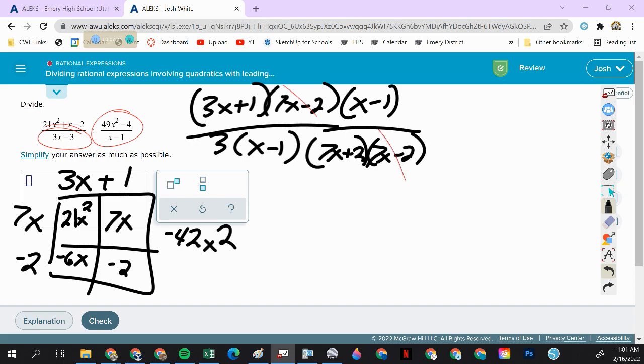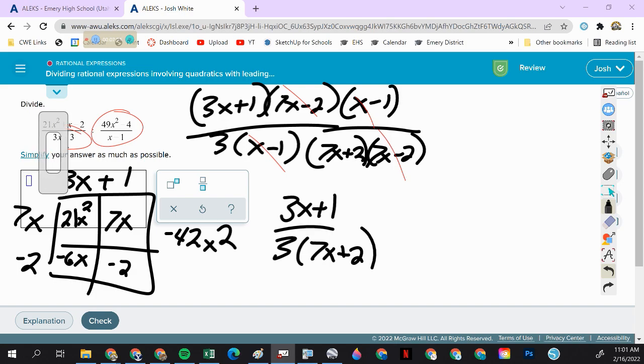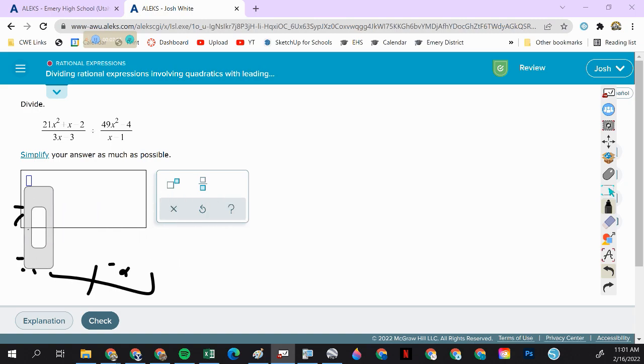And we cancel the 7x minus 2's, the x minus 1's, which leaves me with 3x plus 1 over 3 times 7x plus 2. Got it? One more problem.